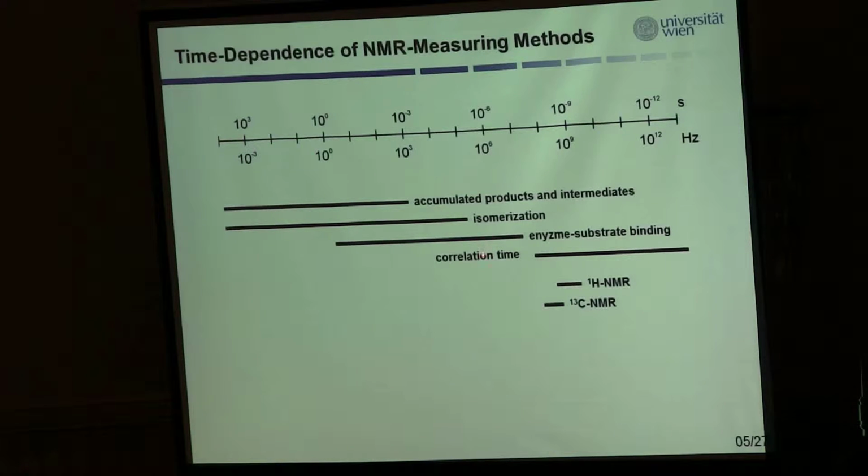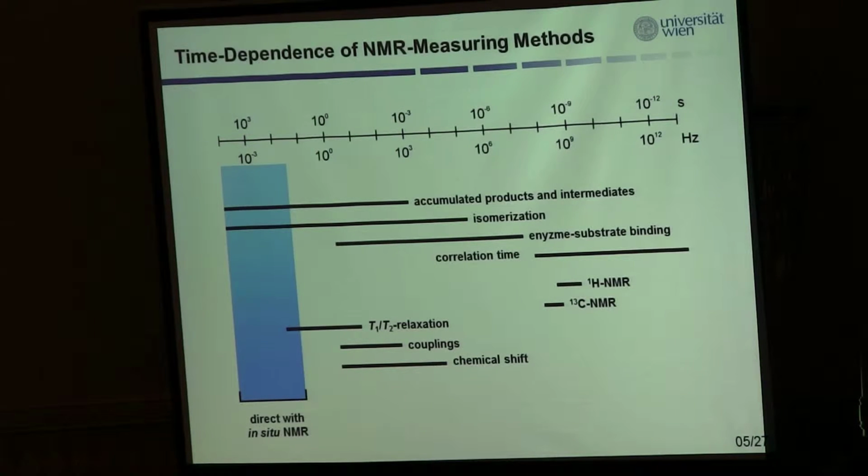NMR offers us only a very small window of frequencies by the magnets which are available, and the data which are available from the spectra are in this region, so we also cannot cover all the questions which arise here. So we have to use different techniques, and today I would like to focus on two of them.